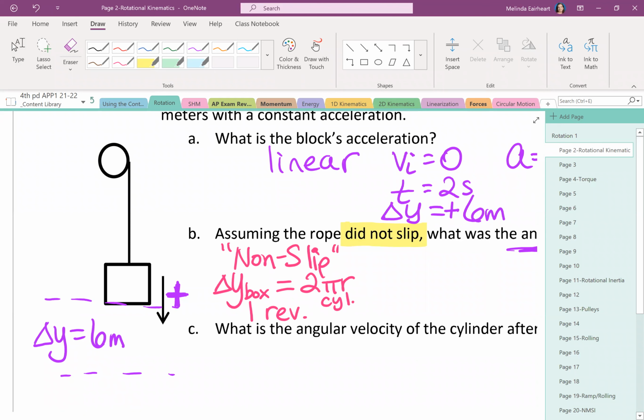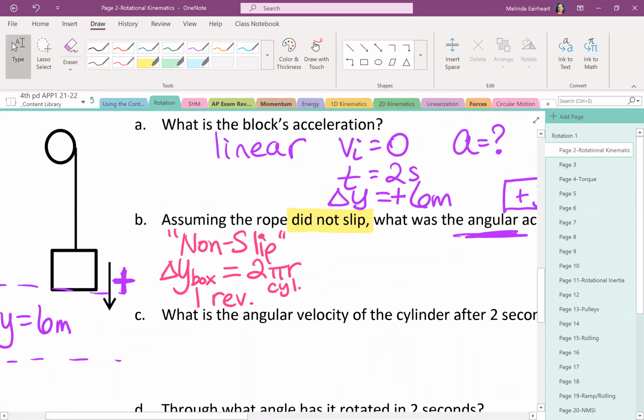Well, here they want acceleration. Well, that equation that we used earlier, connecting linear velocity to angular velocity, Vt equals omega times r, is considered a non-slip equation. And what would be the equivalence for acceleration?